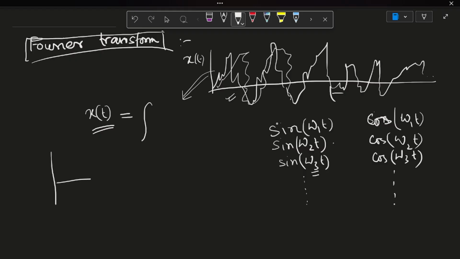So let me show you a simple function. Instead of this complex looking response, suppose you are getting just a simple response. For example, these are my data points. Okay, so this is a perfect sinusoidal looking data point. Fine.